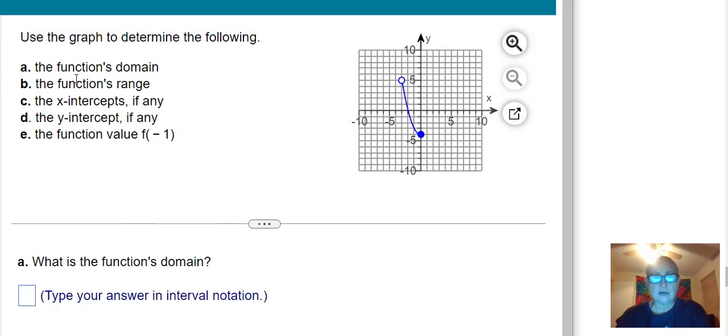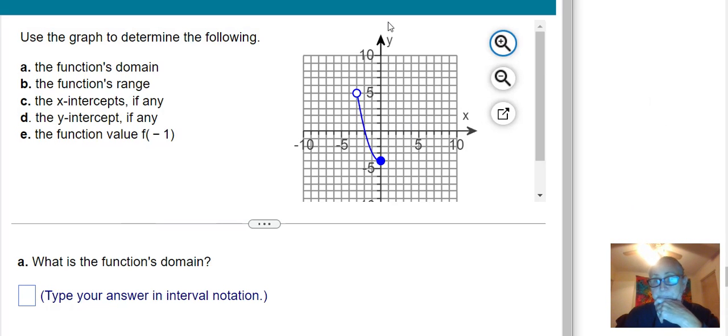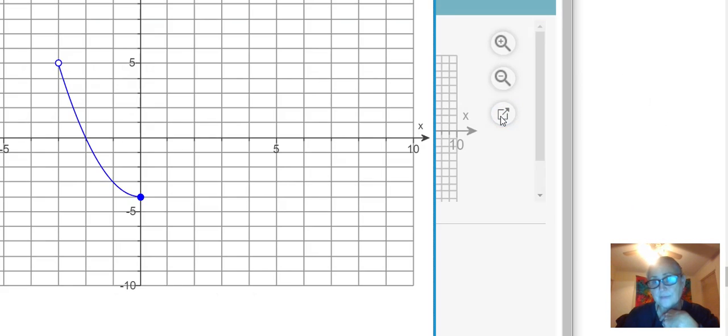So our domain is, and look, I'm going to pop this out a little bit bigger. You can also pop it out even bigger than that. If I'm looking at it this way, I go as far to the left. When I'm doing the domain, it reads left to right. So to the left, that's -3, not included, open circle. 0 included.